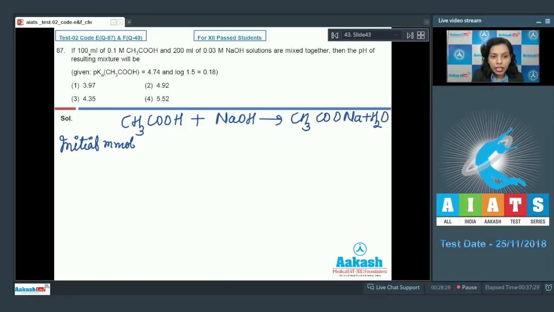So we are taking here 100 ml, that's why millimoles can be calculated, and simply it would be 0.1 into 100, 10 millimole acetic acid. Now what about NaOH? This would be 0.03 into 200, and that is 6 millimole. What about this sodium acetate? These are 0.